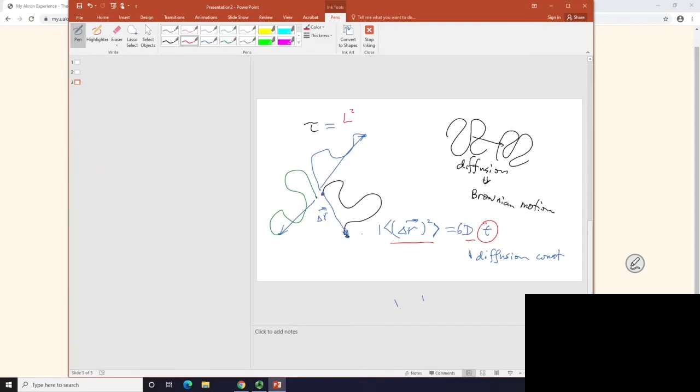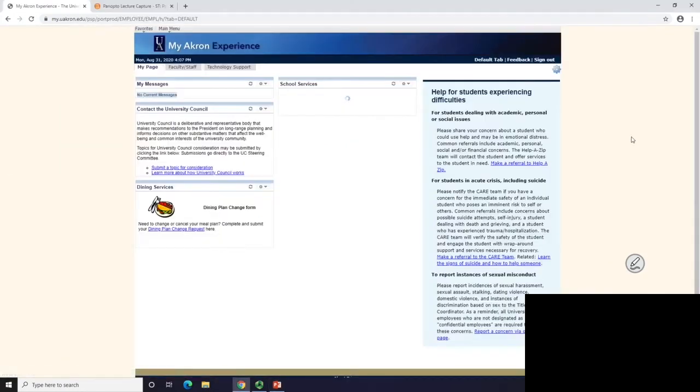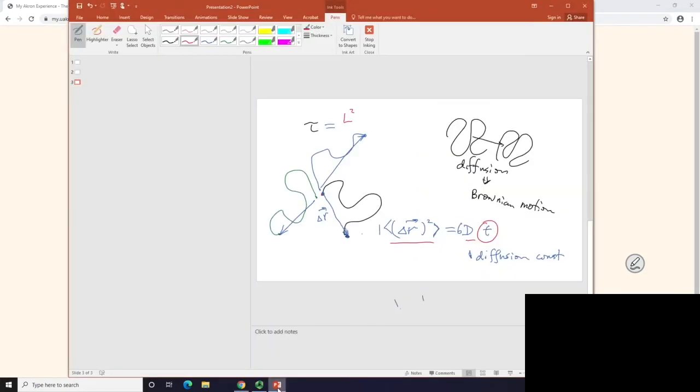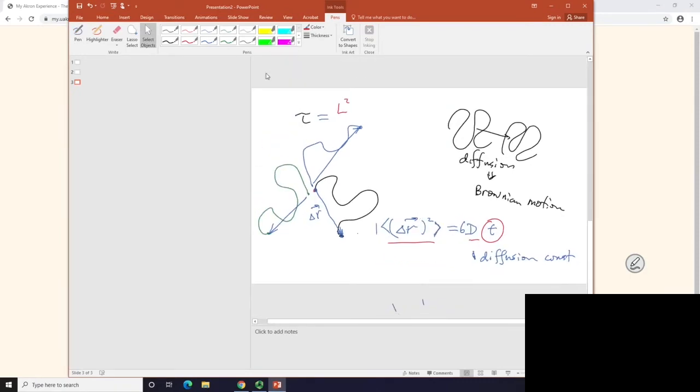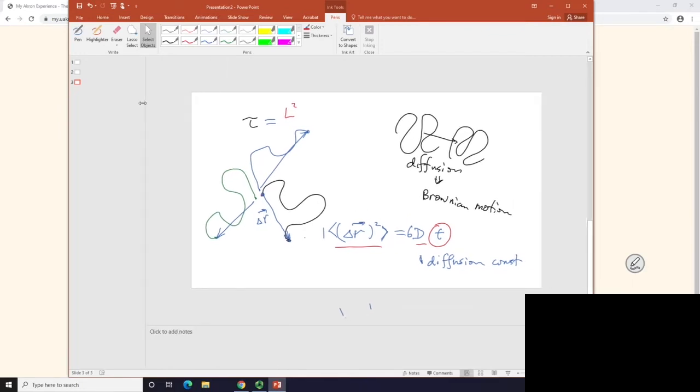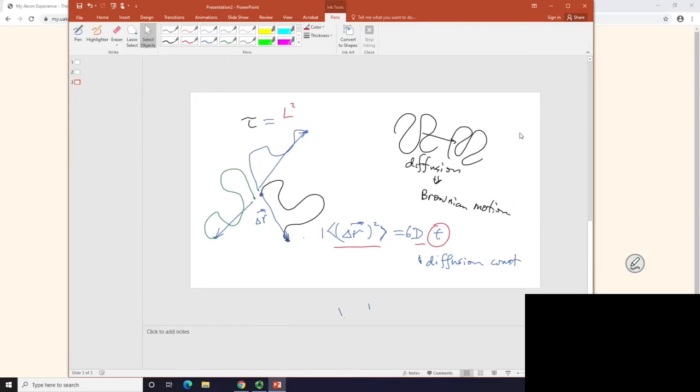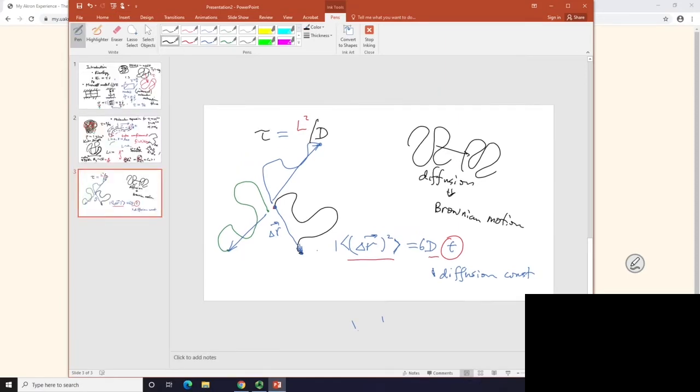Our diffusion constant is something that we can speak about.